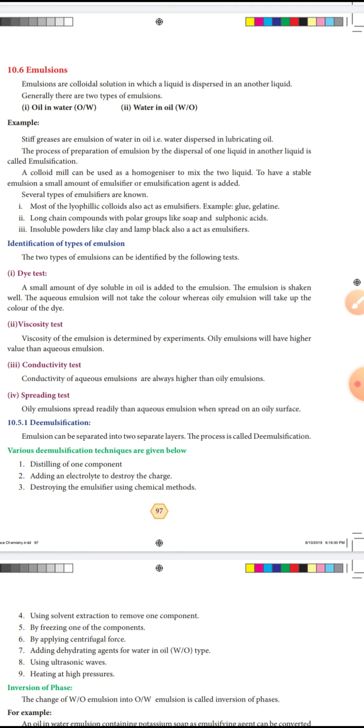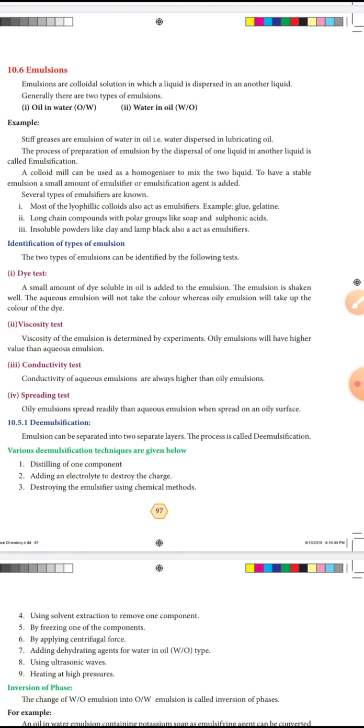The aqueous emulsion will not take the color of the dye, whereas the oily emulsion will take up the color of the dye.